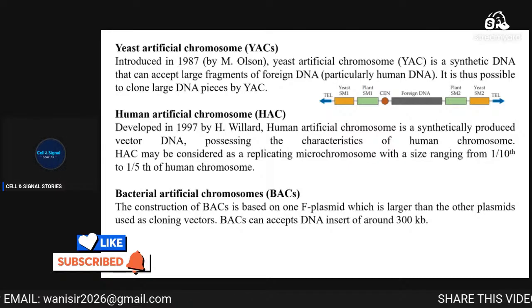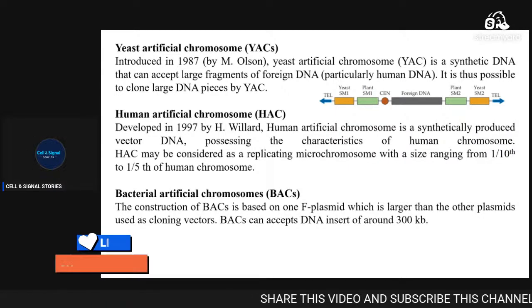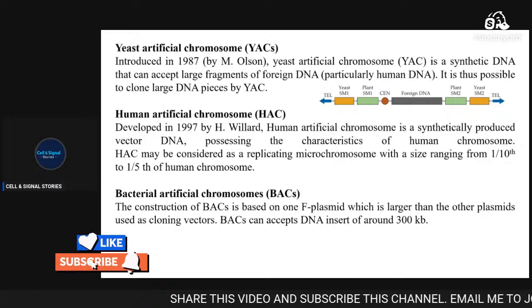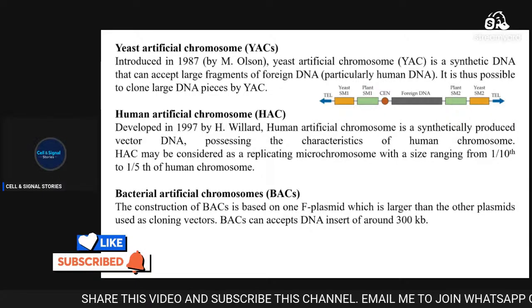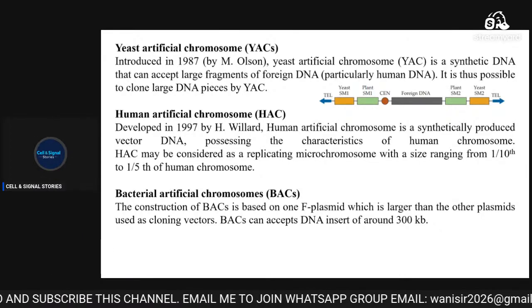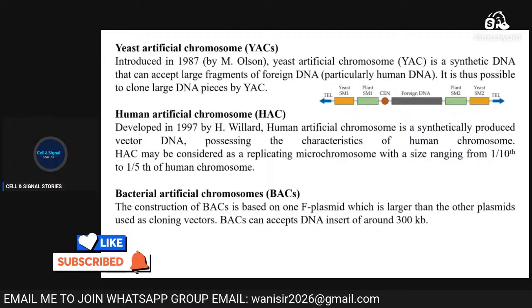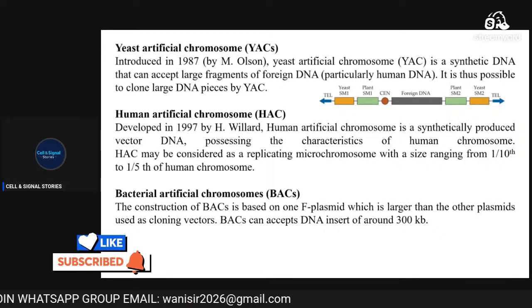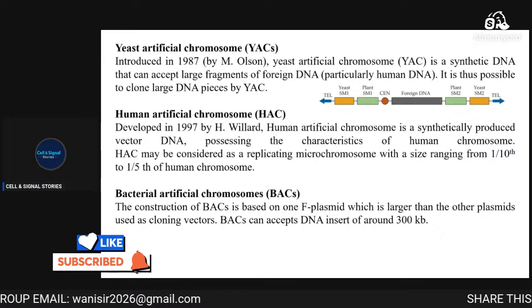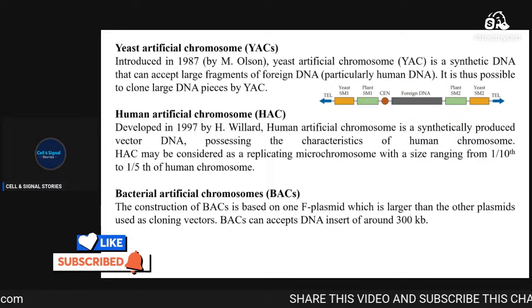If we need to clone a smaller fragment of DNA, we can use the normal plasmid vectors, that is pUC and pBR. If we need higher sizes of foreign DNA, then we use the yeast artificial chromosome, depending upon the size of the foreign DNA.